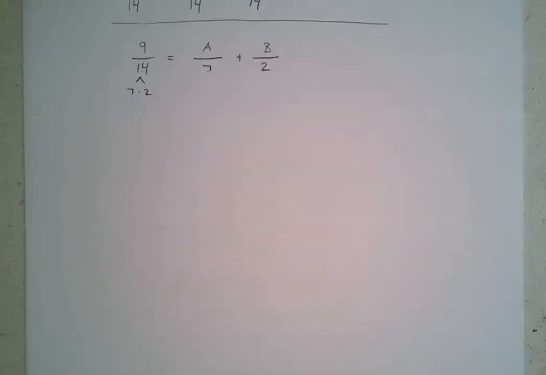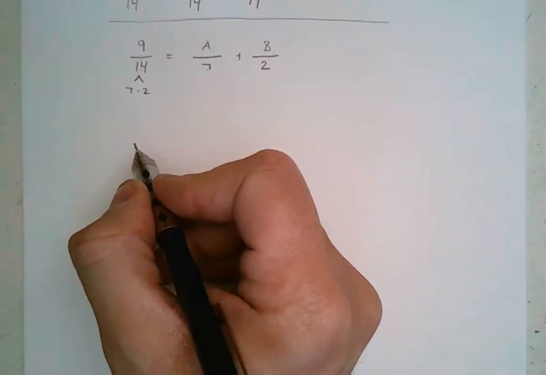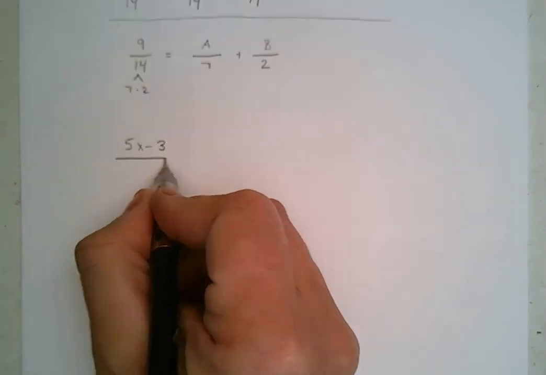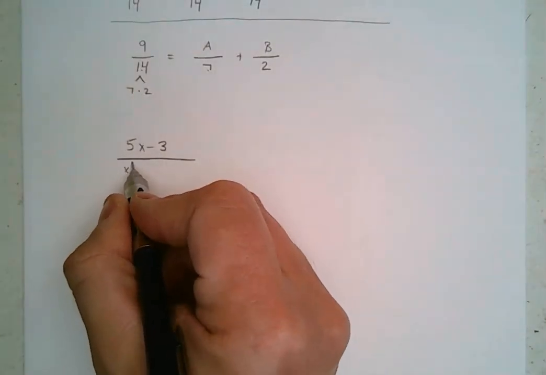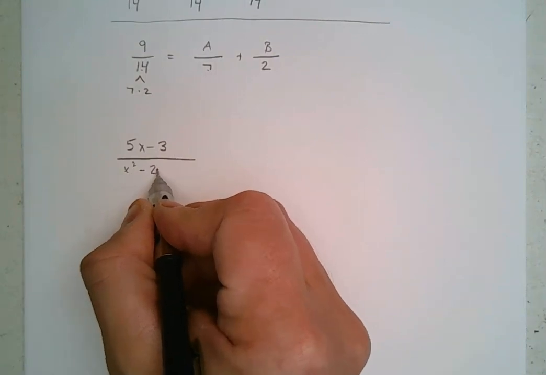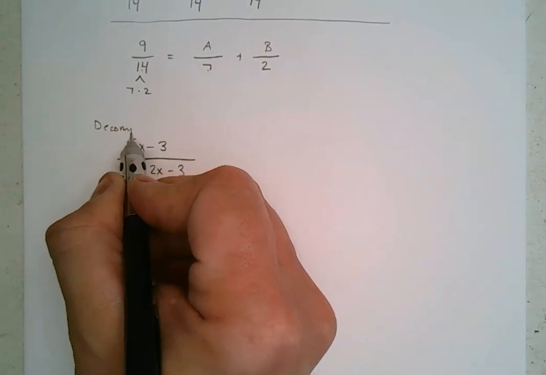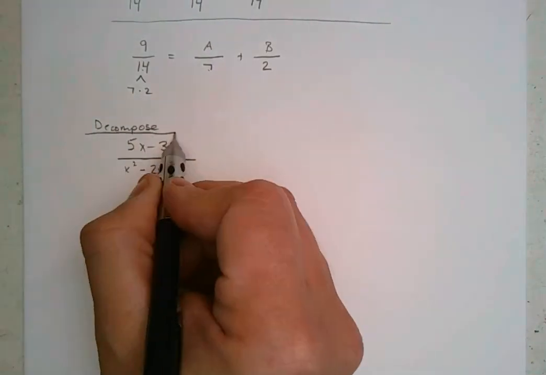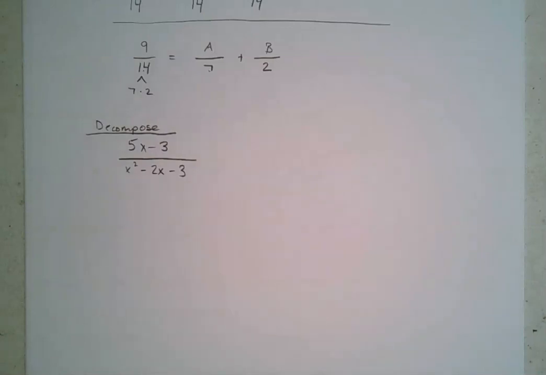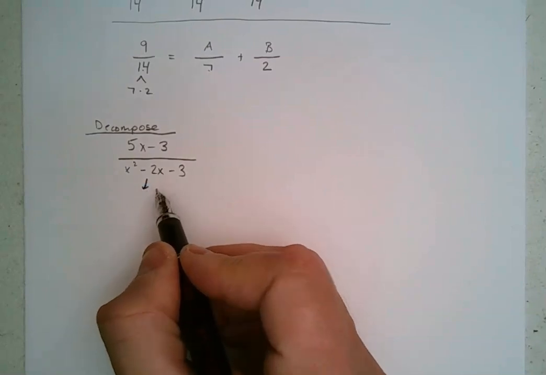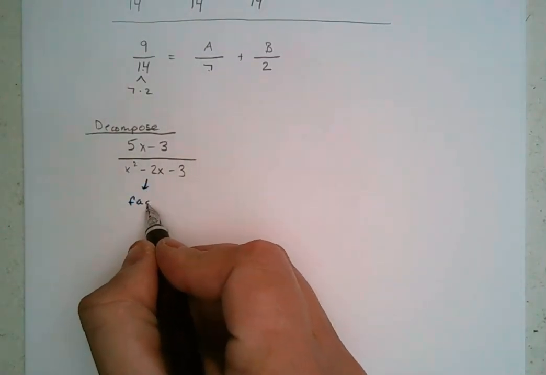So there are three scenarios when doing partial fraction decomposition. I'm going to cover all three with you today. So let's start with the first one here. I'm going to give you 5x minus 3 over x squared minus 2x minus 3. And we will be asked to decompose this fraction. Okay, so first step is we're going to factor this.